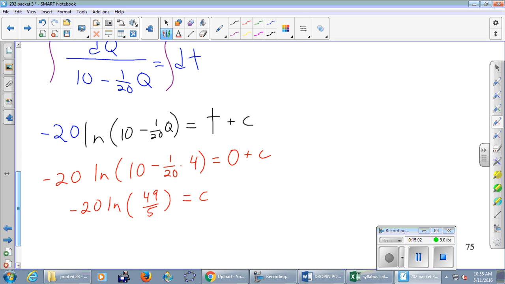Okay, so there's our value of C. So then I'm just going to rewrite this guy down here, but change the C according to what we just found.